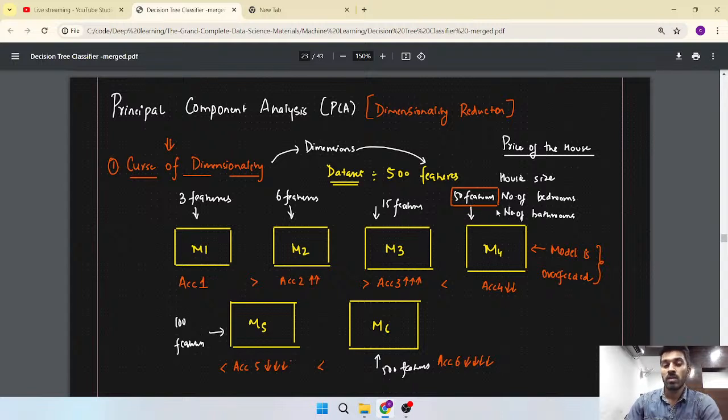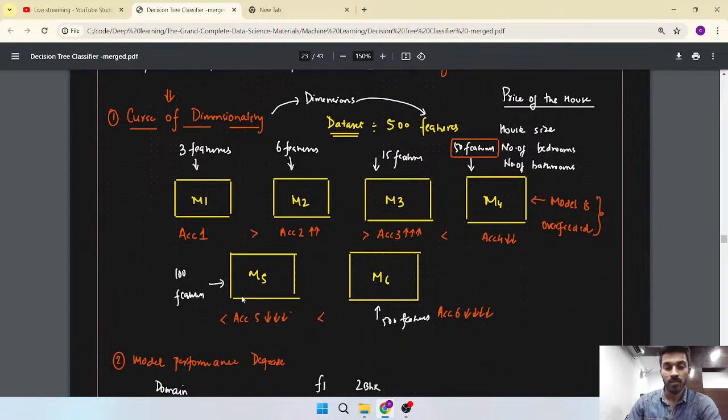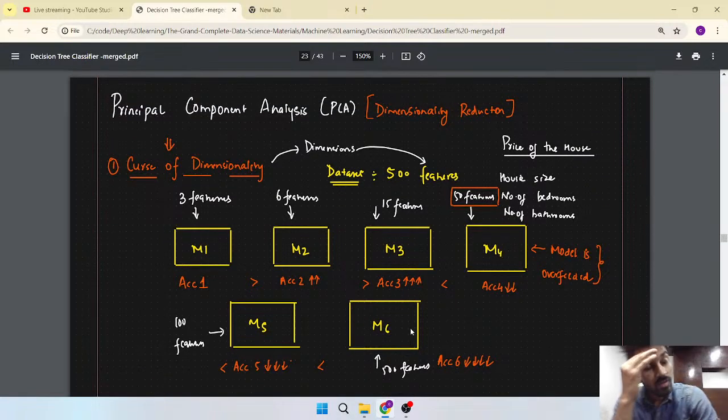But suppose now you increase to 50 features, now this time the accuracy will not increase, it will decrease. Now the question arises why. Wait, I will let you know why. And again in another model you have given 100 features, the accuracy will go down again, and another model will go down again if you give 500 features. So now the question arises why this is decreasing.